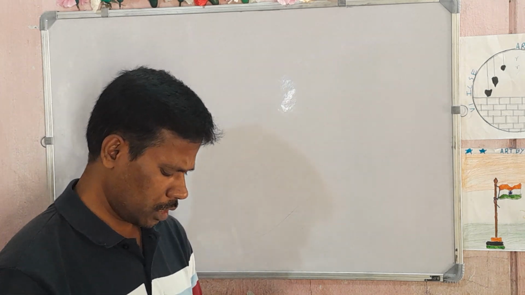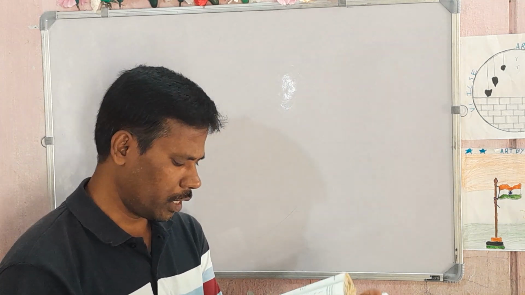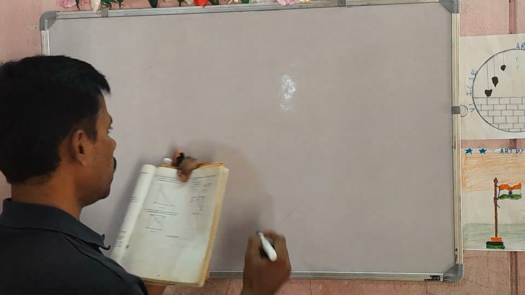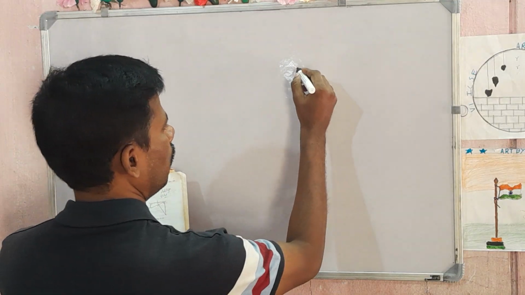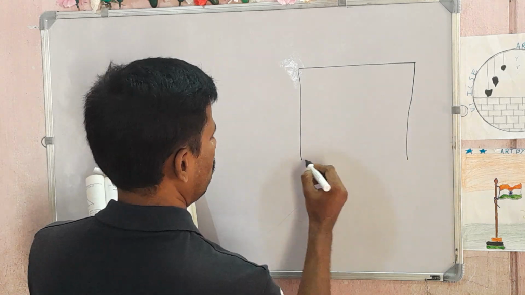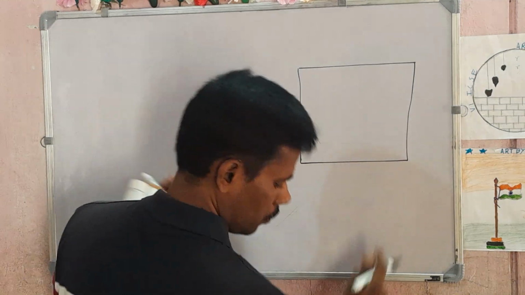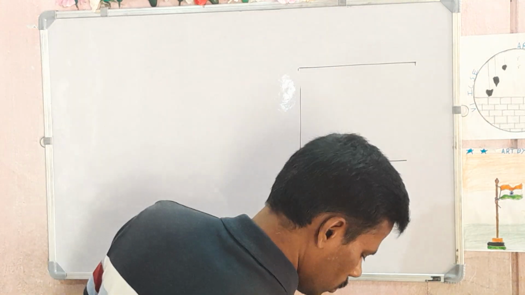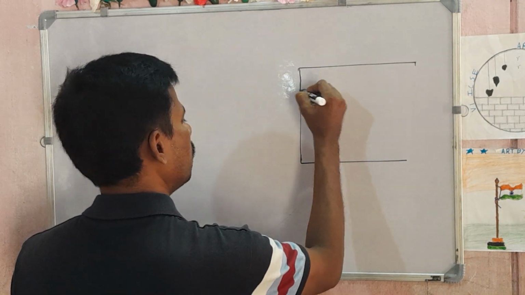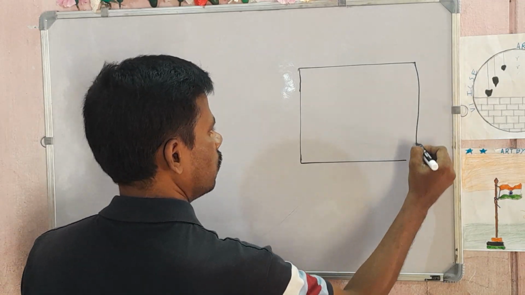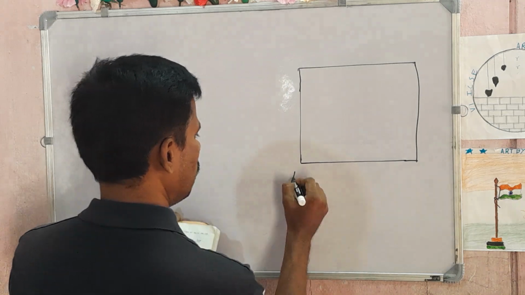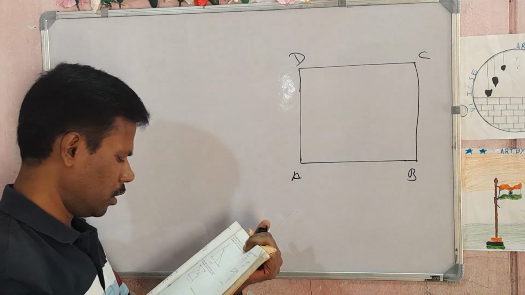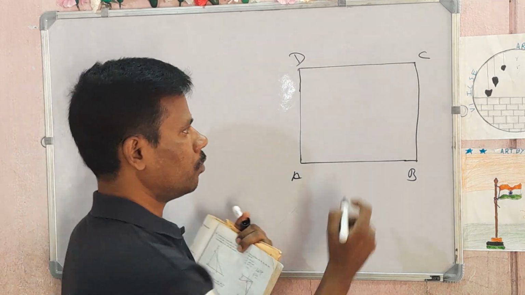ABCD is a square. This is another difficult and different problem. P is a point on BC.